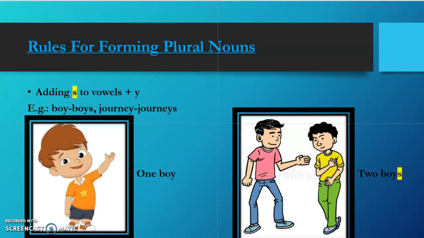Like one boy, the vowel is O and it is followed by y in the spelling. Boy becomes boys by simply adding an s. Similarly, journey becomes journeys, key becomes keys.